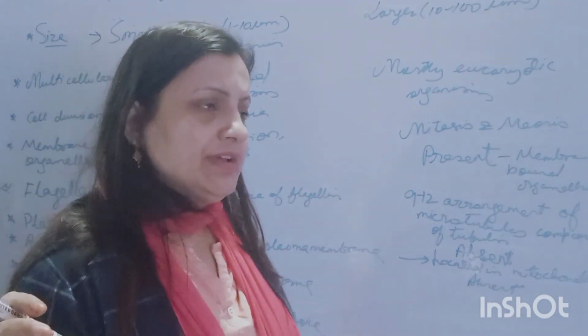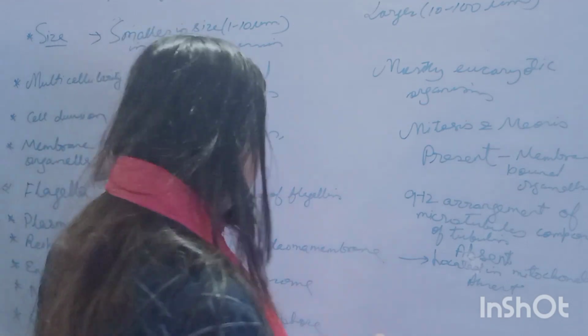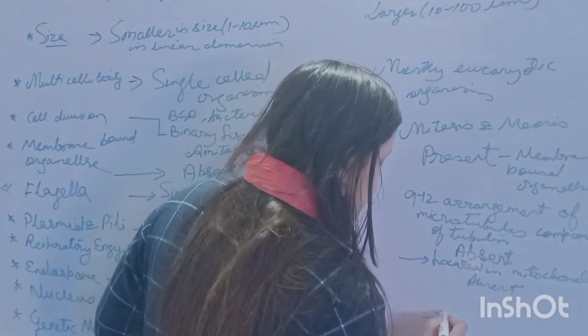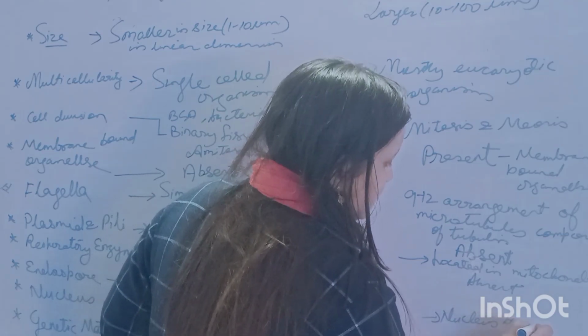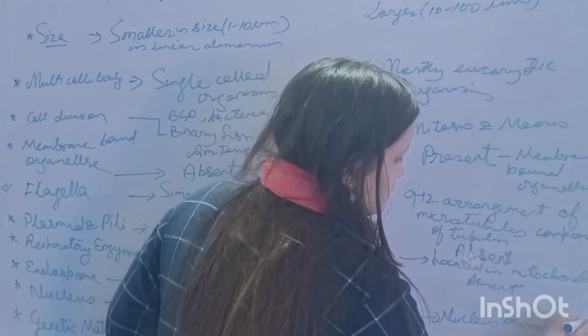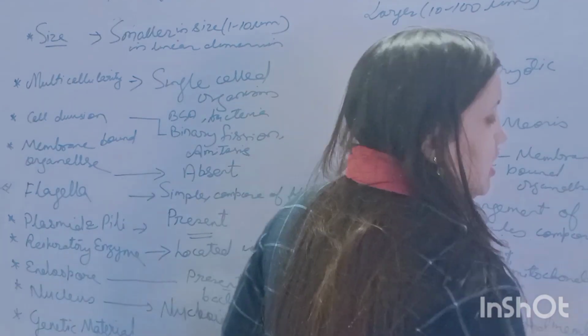It is scattered in the cytoplasm. But in eukaryotic cell there is a membrane-bound nucleus, surrounded by its membrane, and all the nucleic content is present inside the nucleus.